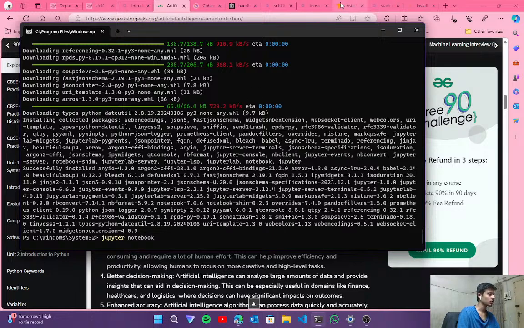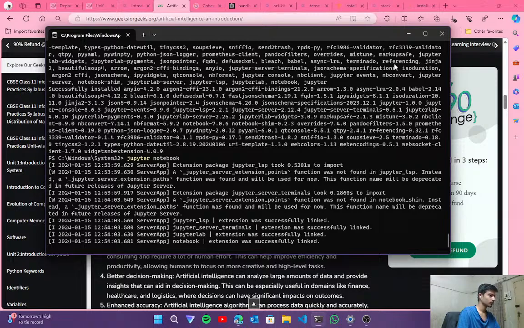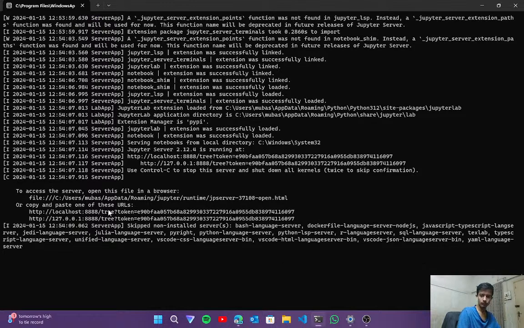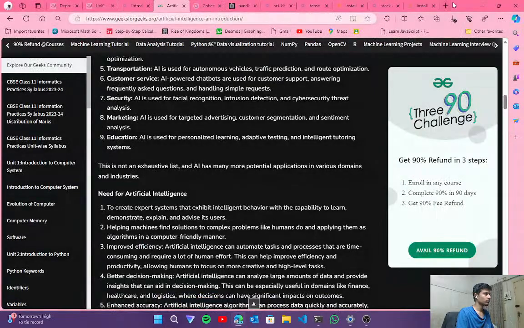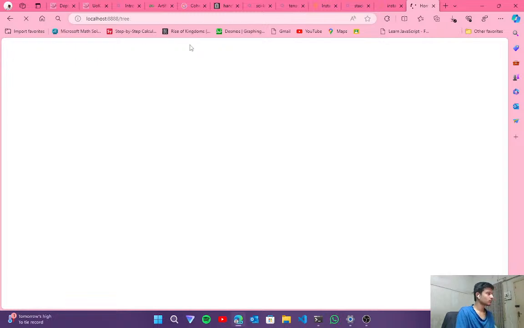Let's launch Jupyter Notebook as it has installed. So it's been some time I've written Python code as well.